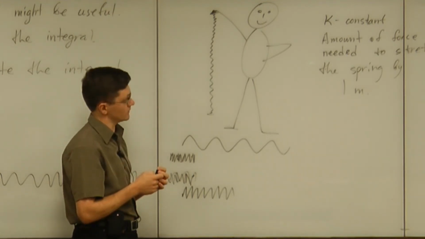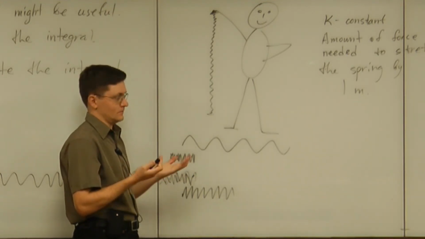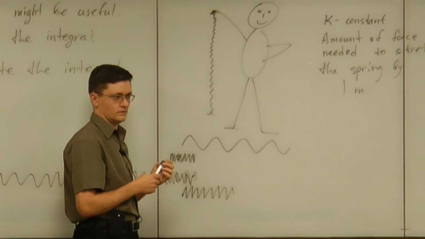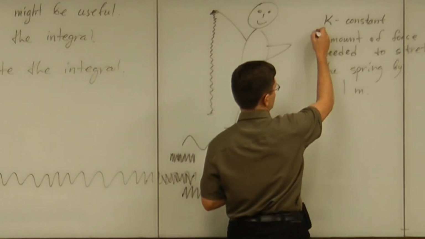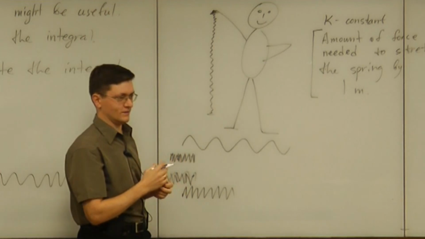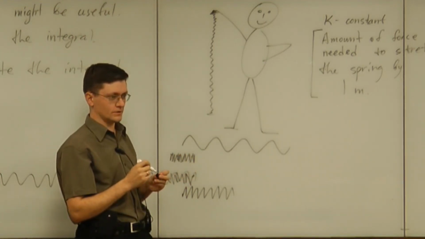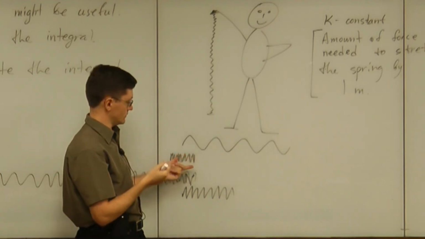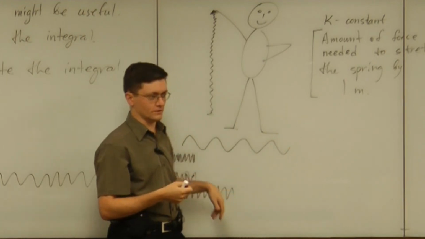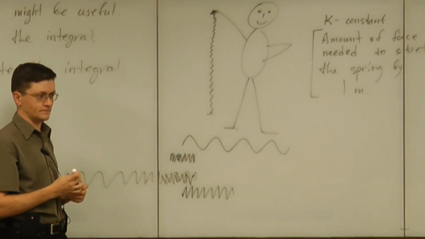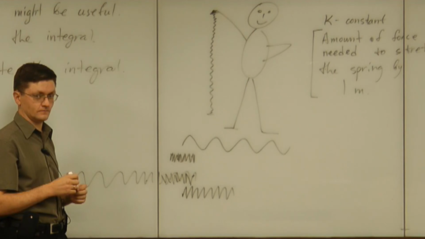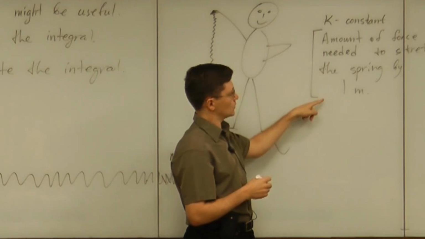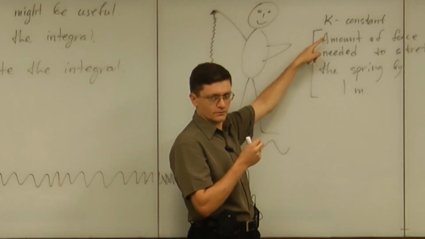And if that is not a constant, then what is the constant? If that amount so far depends on the length of the spring, not only the quality of the spring, right? How to get rid of that dependence? How to make a quantity here that depends only on the quality of the spring?